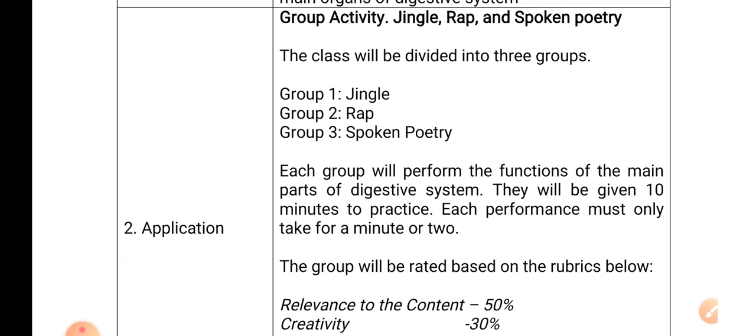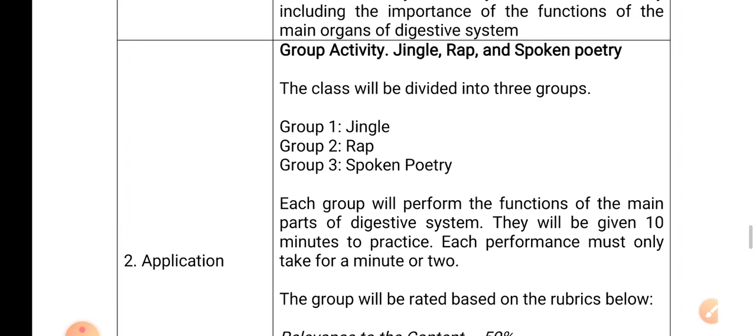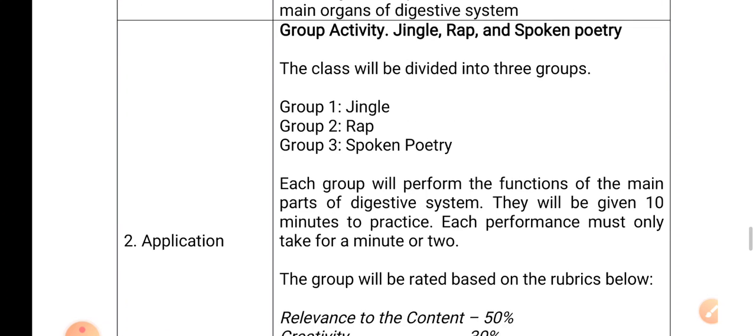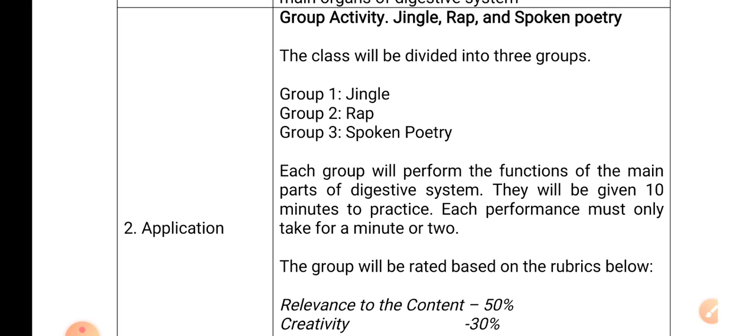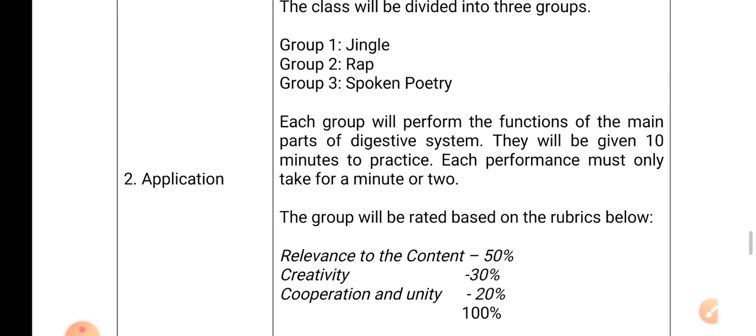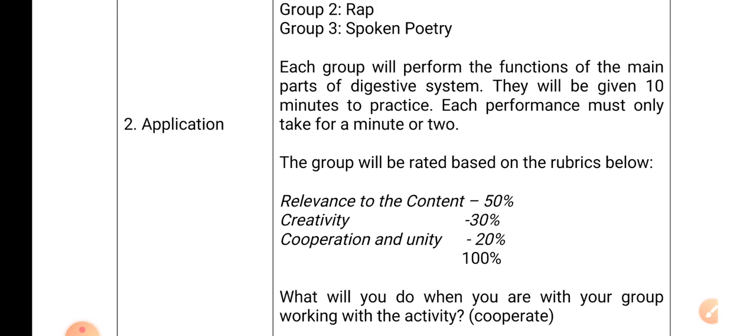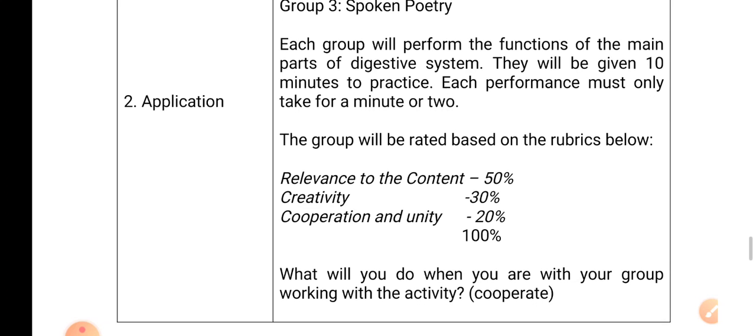So, therefore, group activity: jingle, rap, and spoken poetry. This is my activity wherein they will perform these three. Each group will be assigned one, like group 1 jingle, group 2 rap, group 3 spoken poetry. So, we are hitting now the psychomotor domain.